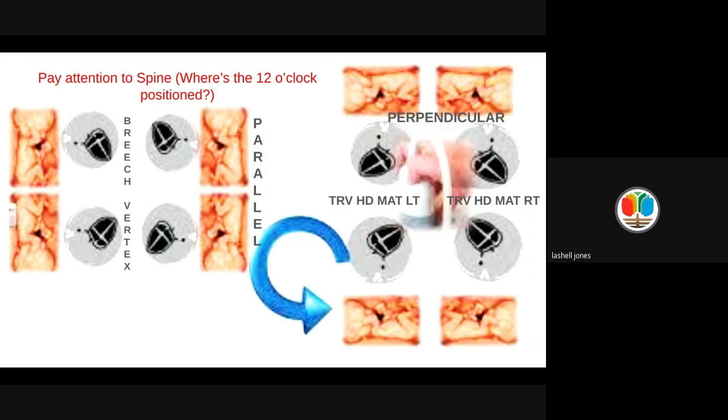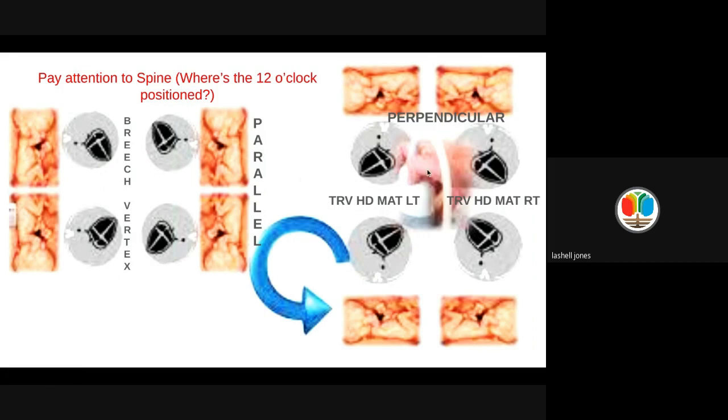And so this slide here is what you need to study for your exam so you can see the difference where the spines lie. So in your longitudinal lie, they're running parallel with the mom's spine. You see the spine's locations. Okay. And then, of course, you see heart apex location when it's breech versus vertex.